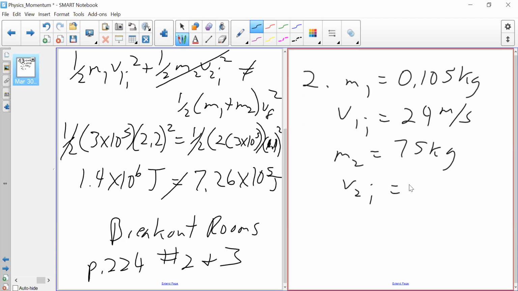So this is a perfectly inelastic collision problem. M1 V1 initial. So we're looking for the final speed of the goalie. All right, so initially speed 0.